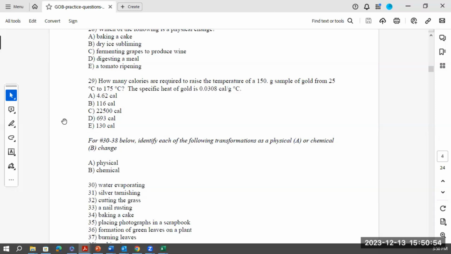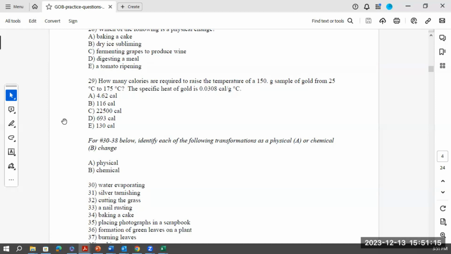Okay. How many calories are required to raise the temperature of a 150.0 gram sample of gold from 25 degrees Celsius to 175 degrees Celsius?